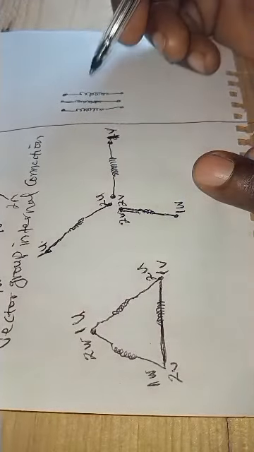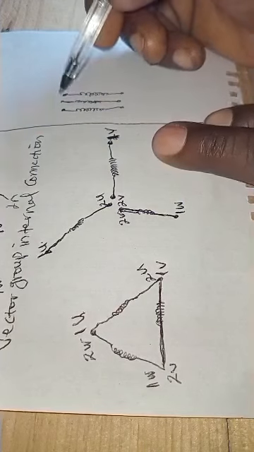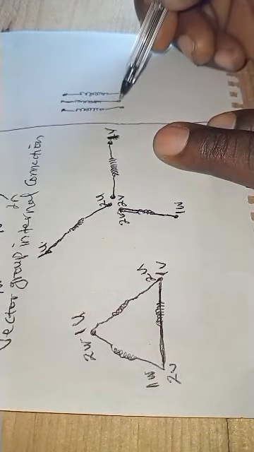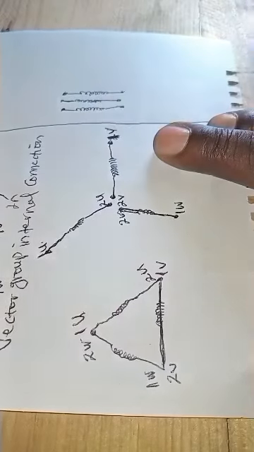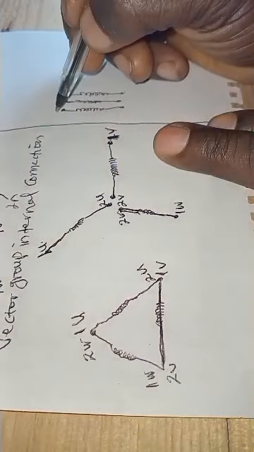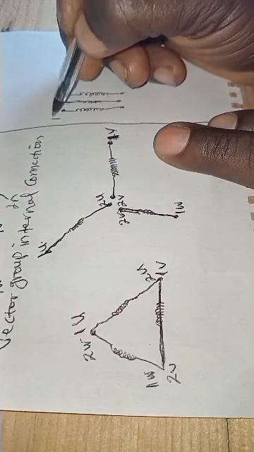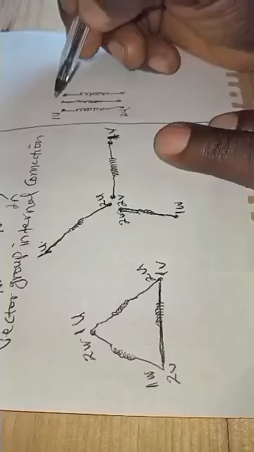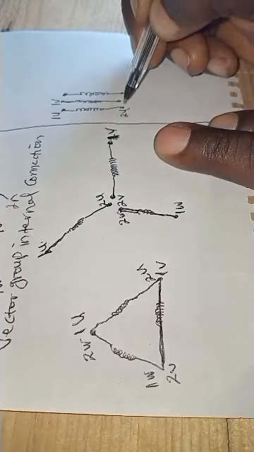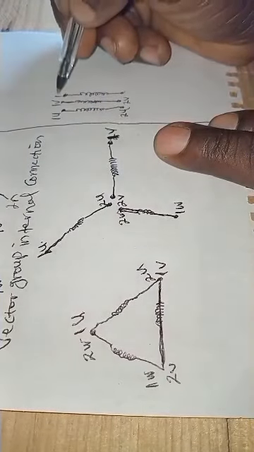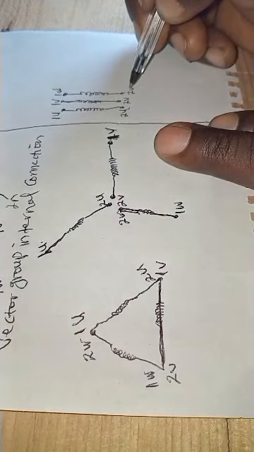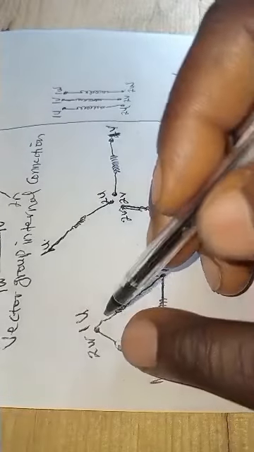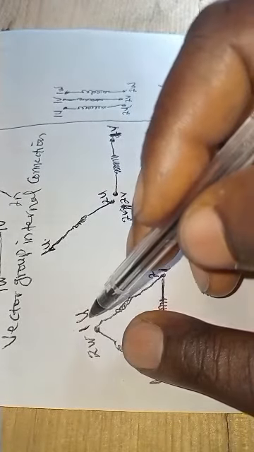Now, since we said we have the head of the winding and the tail, the head, the tail, the head, the tail. Now look at here, this is our 1U, 2U. This is 1V, 2V, 1W, and 2W.